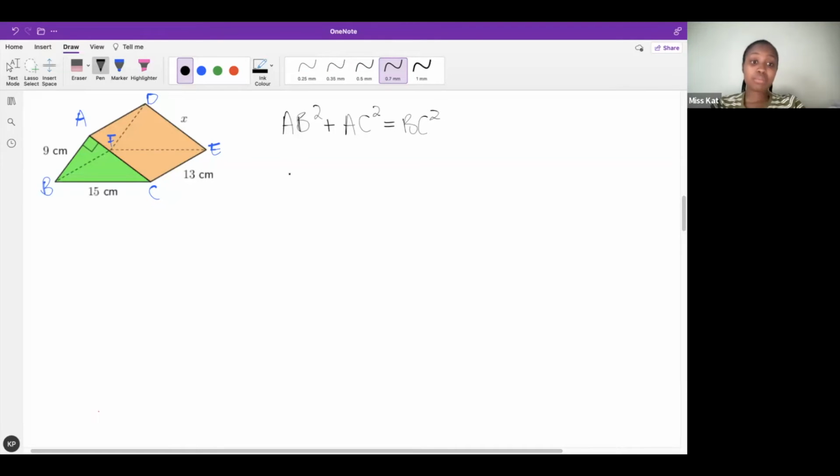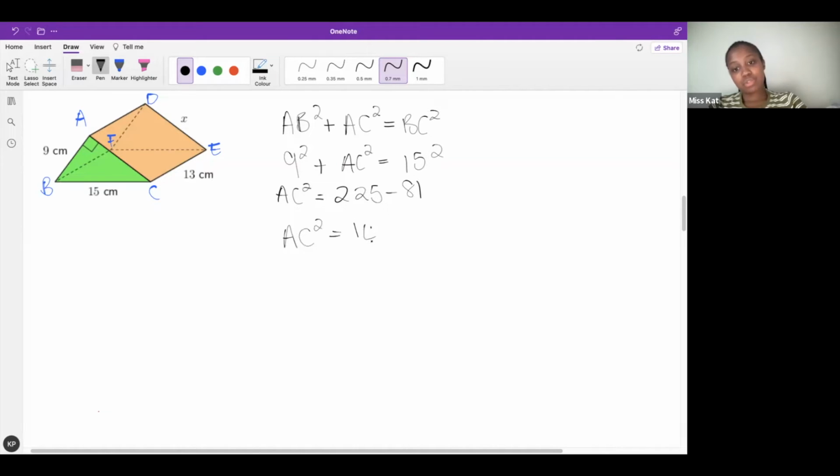Okay, so we know AB is 9 squared. AC is the one we want, so we're just going to leave it as AC, and BC equals 15 squared. So AC squared equals, what's 15 squared? 225, I believe, minus 81. Yes, this is another Pythagorean triplet.